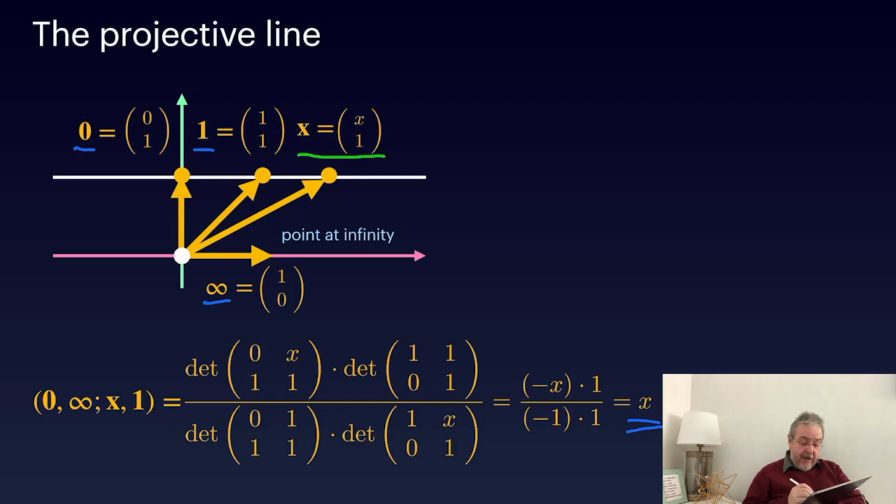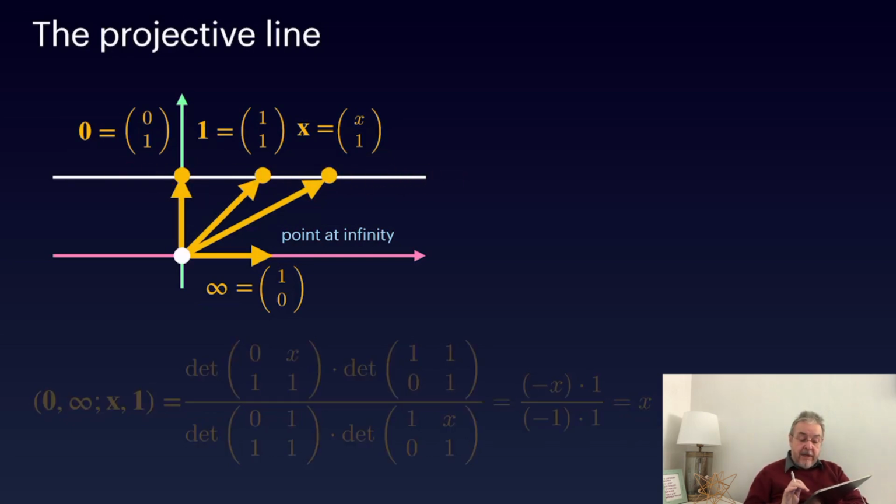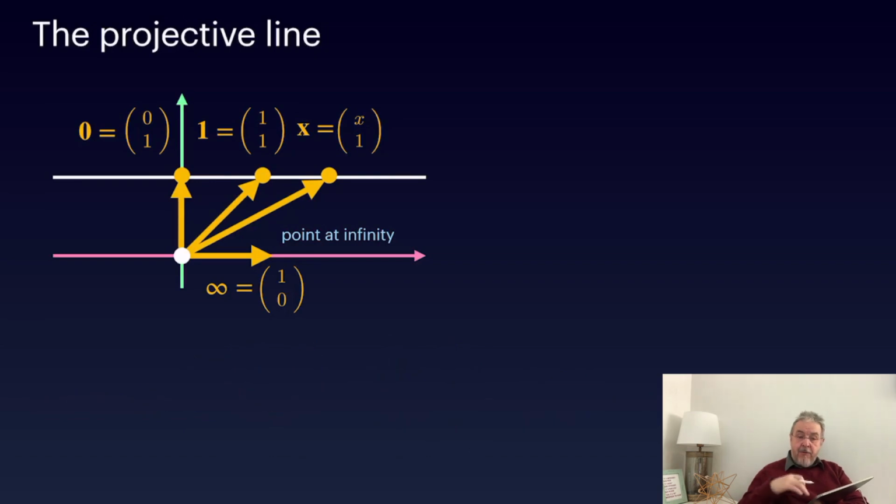So if we take those 3 special points here, 0, 1 and infinity, this point x here really reconstructs the value of this point on the number line. So we really can consider this as a projective scale on that line.